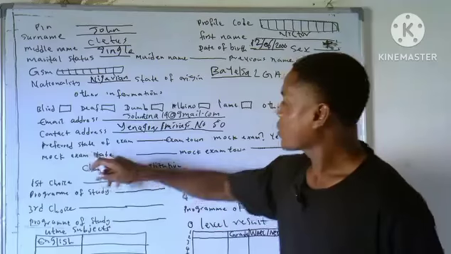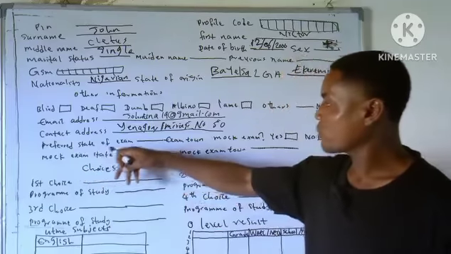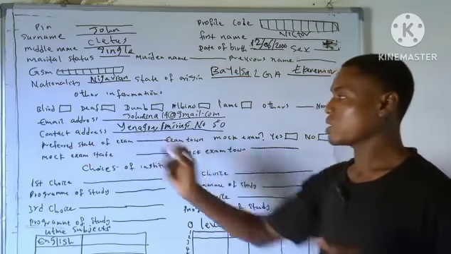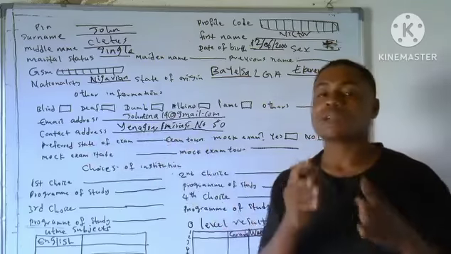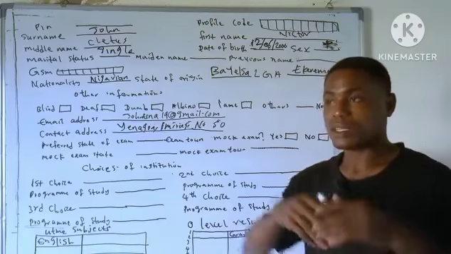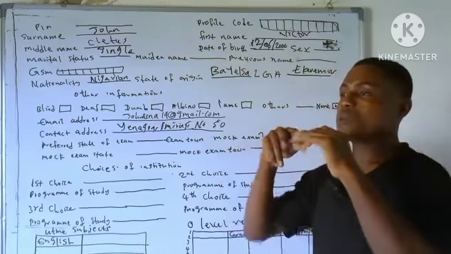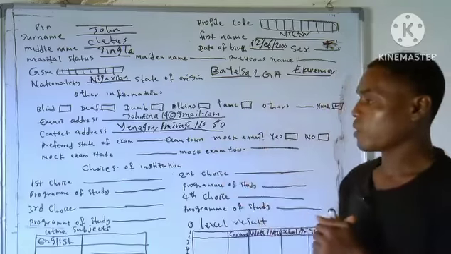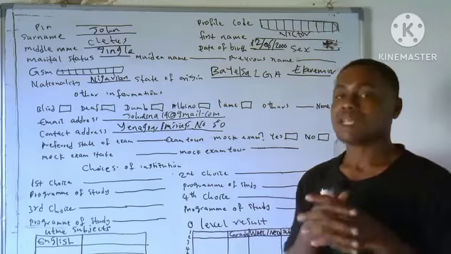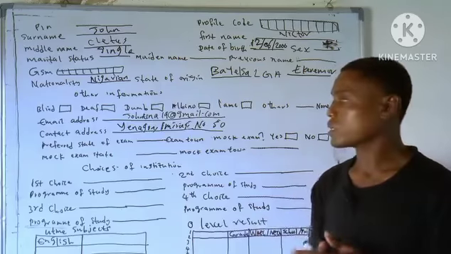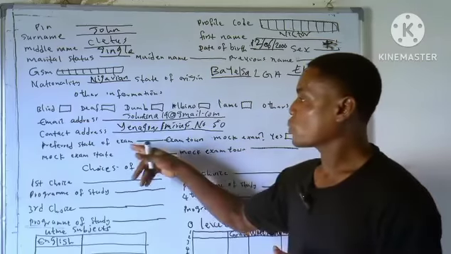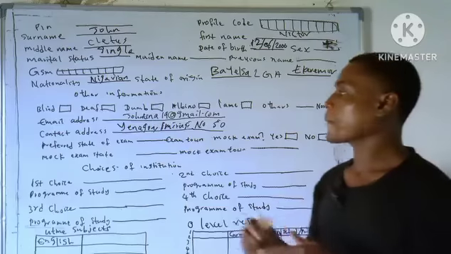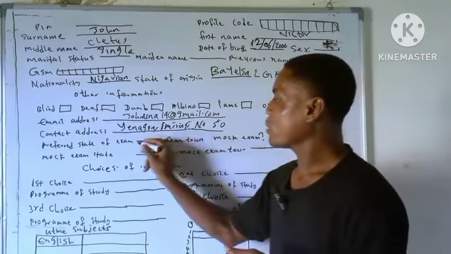So the next one is preferred state of exam. Take note, preferred state of exam means where do you want to write your exam? Is it the state you are staying in, or do you want to go and write it in another state? For example, you are in Lagos, so you write Lagos. Let's say you are in Imo State and you want to write your exam in Imo State.